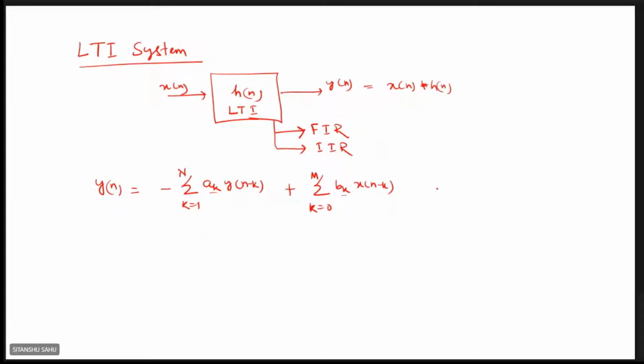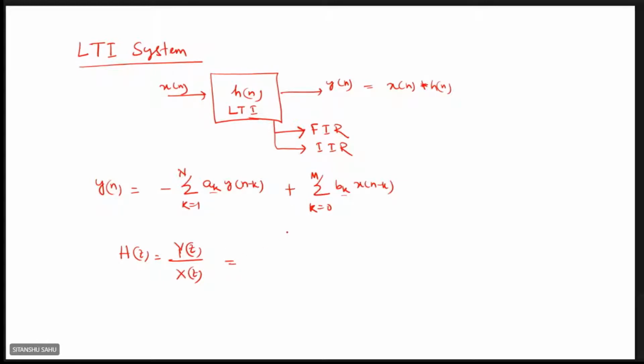Or if we represent it in the Z transform, it is H of z, which is nothing but Y of z divided by X of z. So output divided by input in the Z domain.